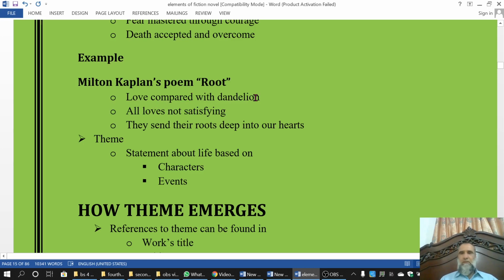Dandelion is a kind of, we call it in Urdu ganda buti, in Pashto as well as in Urdu, a useless plant, which we often take out and throw away because it can be a hurdle in the growth of the other plants. So that is it.